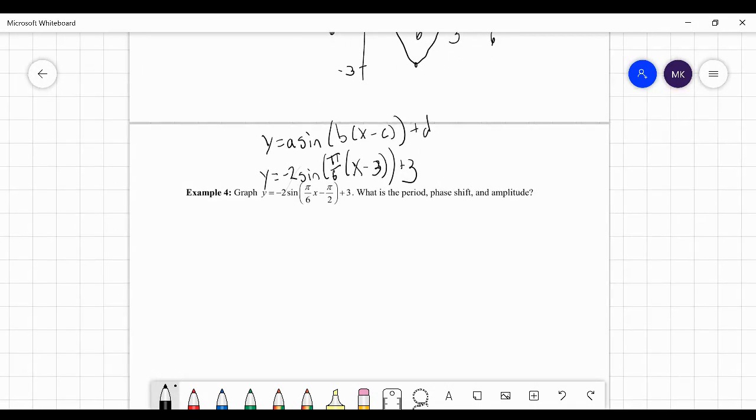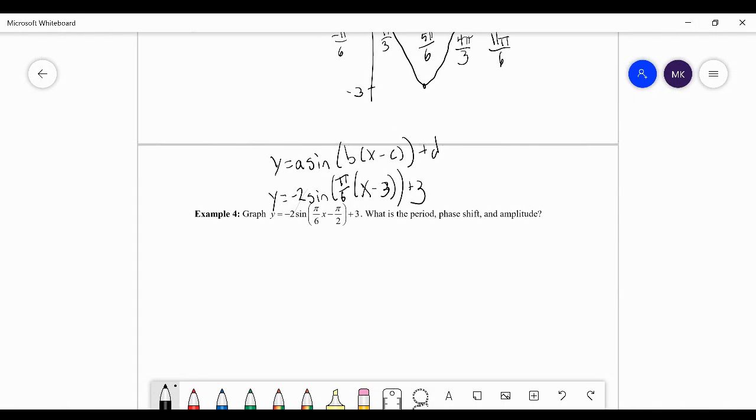So what's really nice is we can use all of the things we have to do this. So our phase shift is just 3.